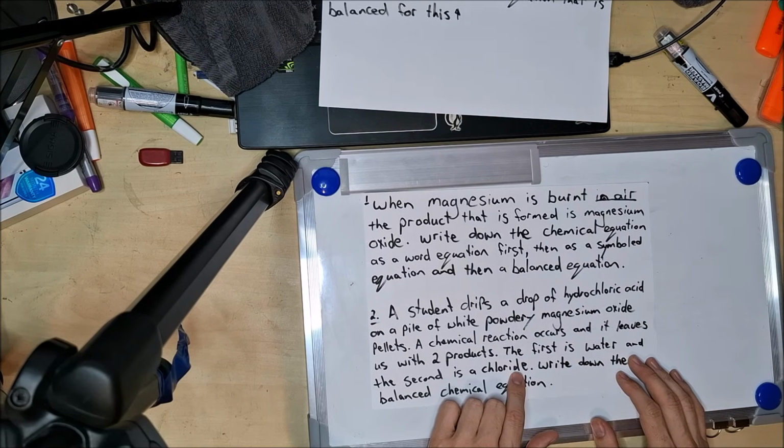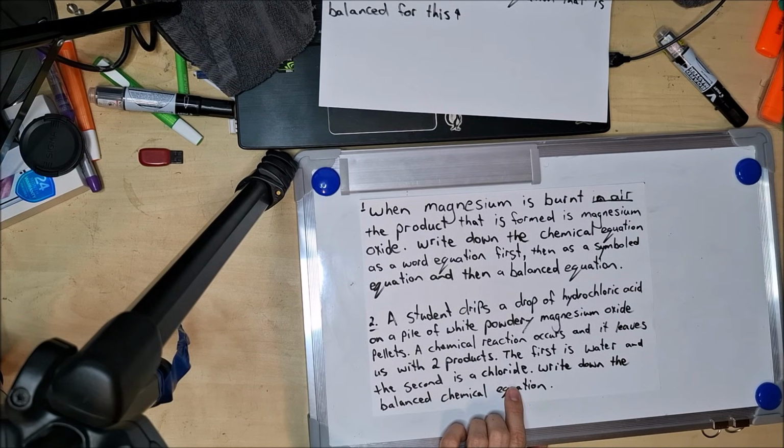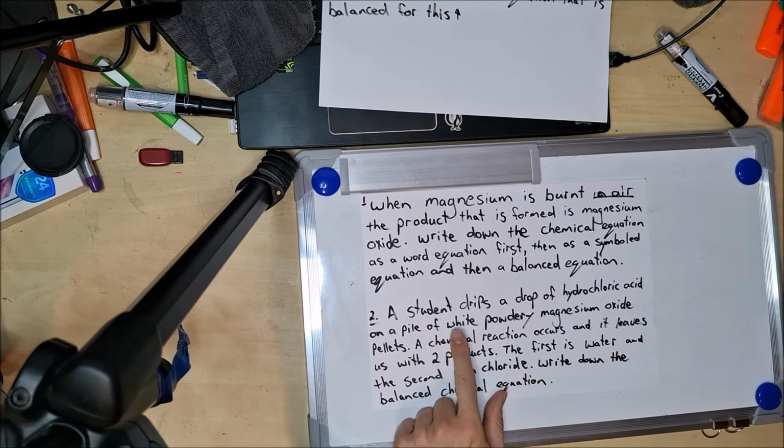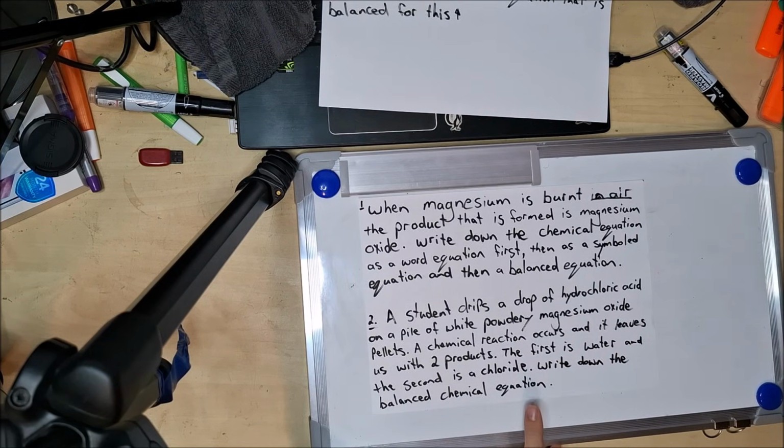So, we are now dealing with the general reaction of an acid with a metal oxide. So, when magnesium oxide reacts with hydrochloric acid, our products are magnesium chloride, which is a salt, and water.